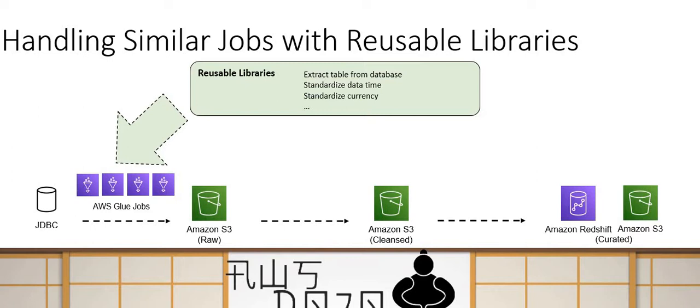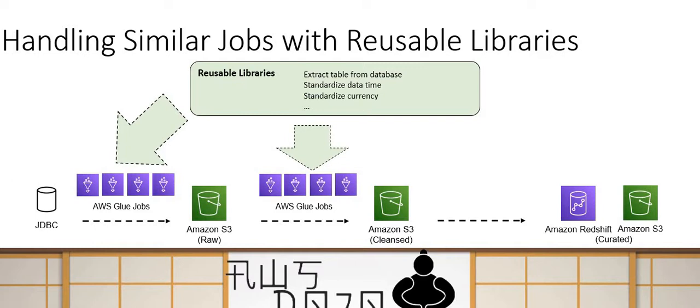And tomorrow, if something has to be changed in your code, which will change things across different glue jobs, you simply go and change it at one place, that is your reusable library, and all the jobs will pick it up as the latest code. Similarly, your cleansing glue jobs, which convert your raw data into cleansed data, can also refer to your reusable library.